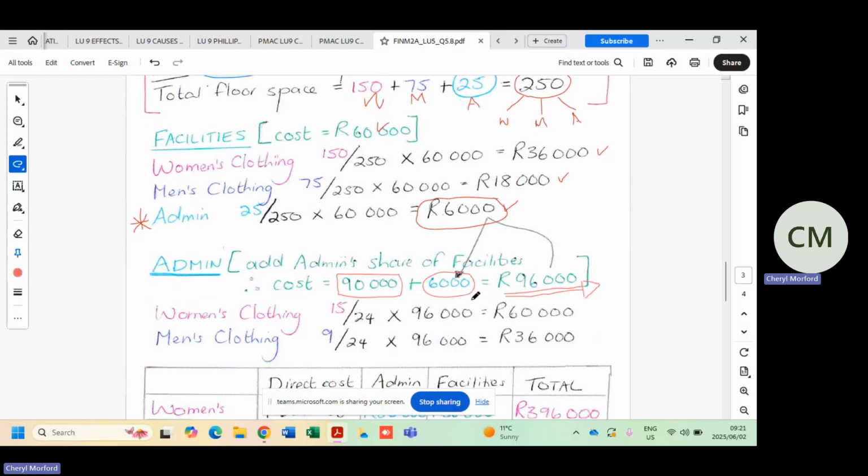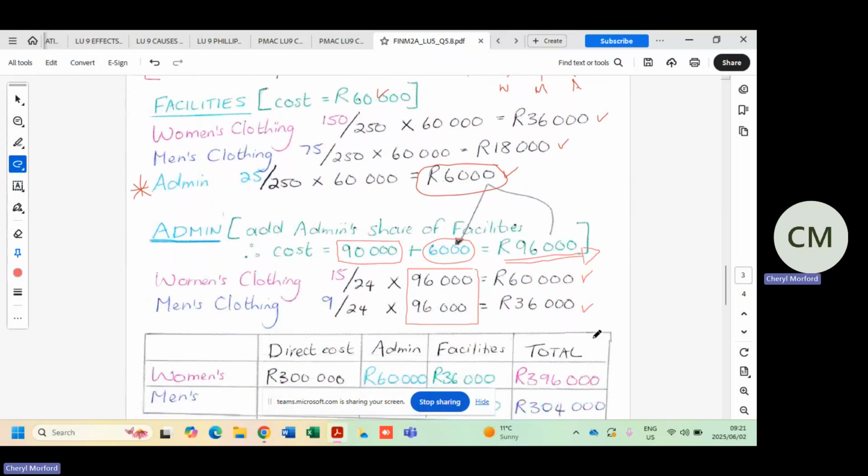The only thing that's different is we are reassigning a larger admin service department cost because we've added on its allocation from the other service department. And we do that and we get 60 and 36. So we're ready to write it up in a table, just like before.